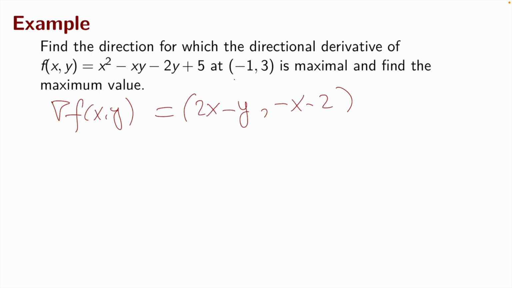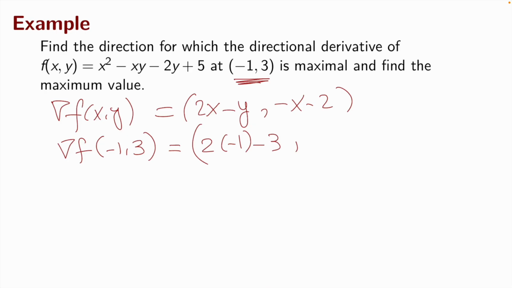So now we need to evaluate this gradient at the point (-1, 3). So that will be 2 times -1 minus 3, and then it's going to be 1 minus 2. So the gradient is going to be just the vector (-5, -1). So we calculated the gradient.